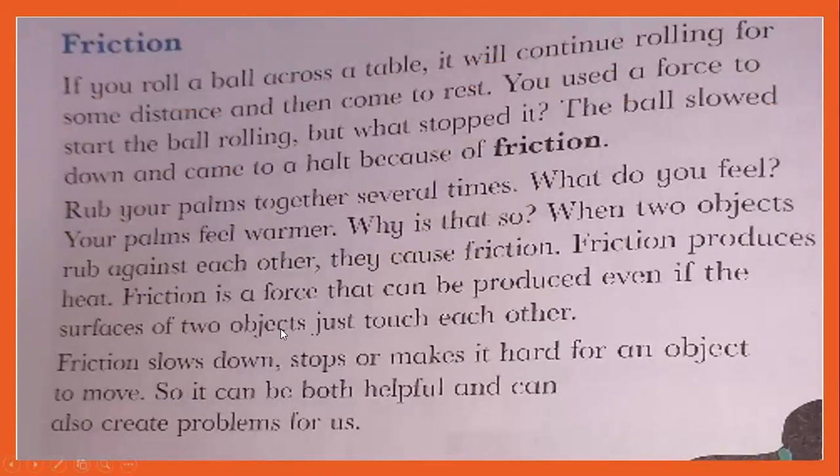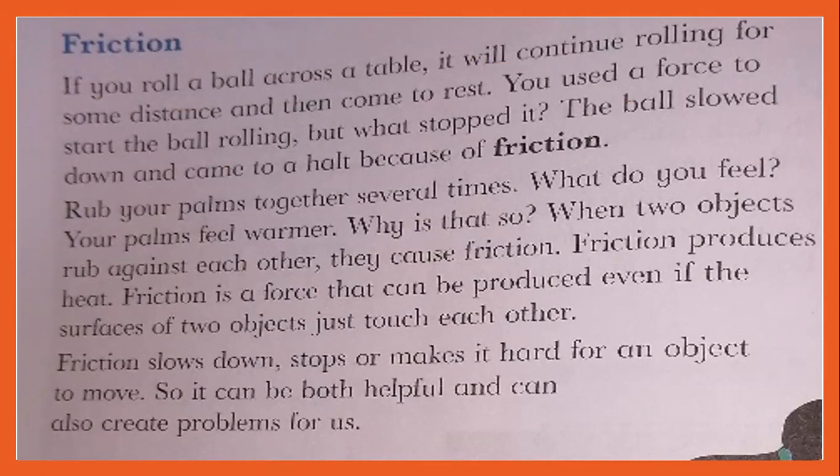If you roll a ball across a table, it will continue rolling for some distance and then come to rest. And also, if you roll the ball on the floor, after some time the ball comes to rest.